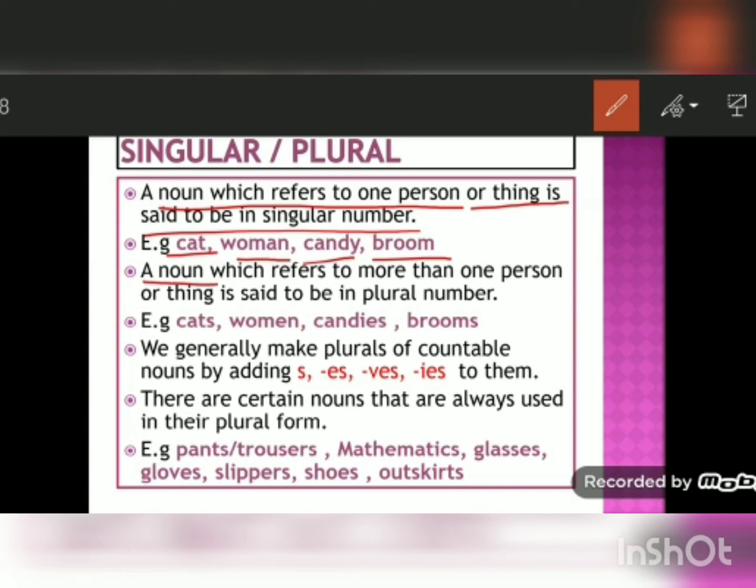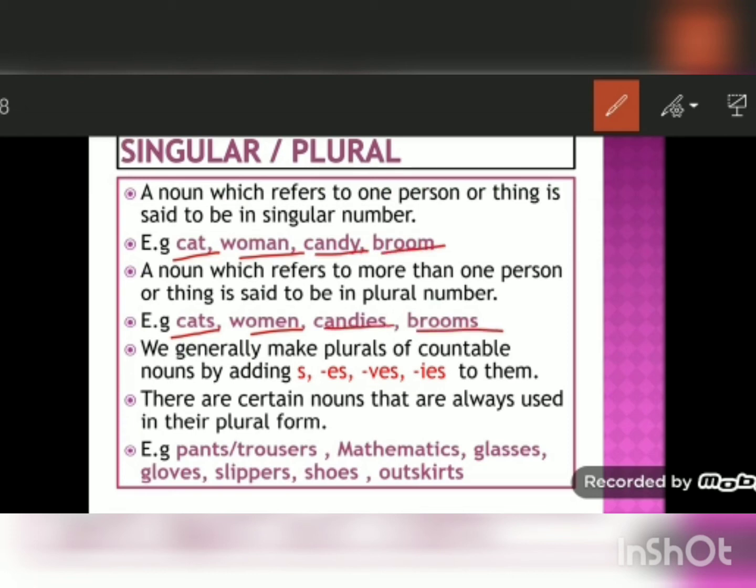Next is a noun which refers to more than one person or thing is said to be in plural number. For example, if you see cats, in singular we wrote cat and in plural we have to write cats, woman, women, candy, candies, broom, brooms.